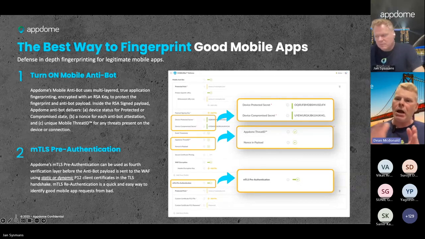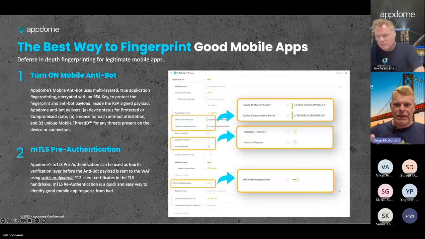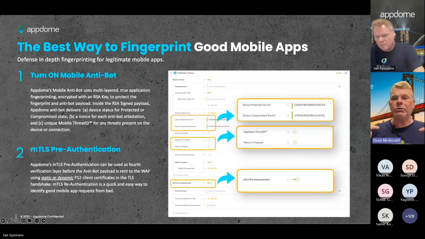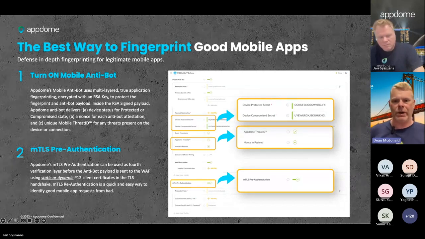I mean actually authenticating directly with your WAF. And so with MTLS on Appdome, you have the ability to deploy certificates directly into the app, and then of course onto the corresponding WAF, where they can do a mutual pre-authentication before proceeding to any other processing of requests.